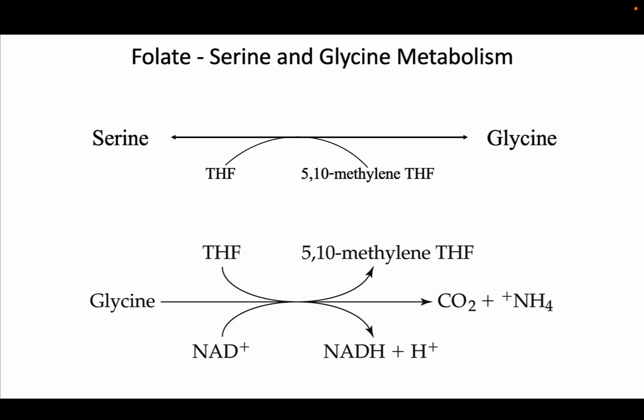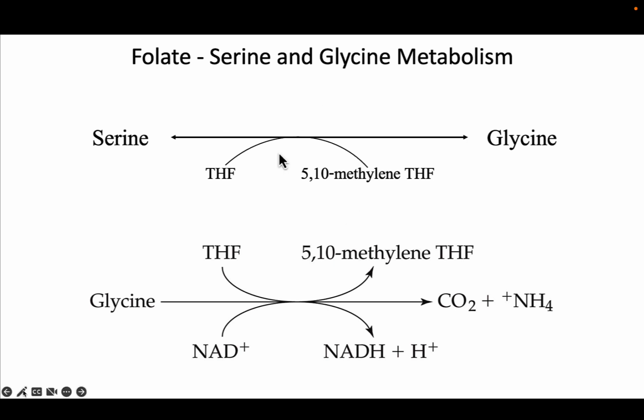Folate is also involved in the interconversion between serine and glycine and the further breakdown of glycine into ammonia and carbon dioxide. And so in both cases, we use tetrahydrofolate interconverting between the tetrahydrofolate and 5,10-methylene.